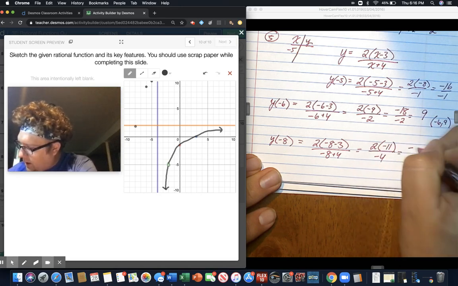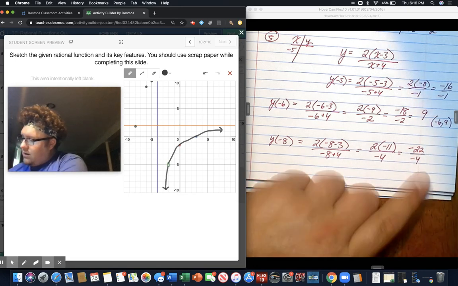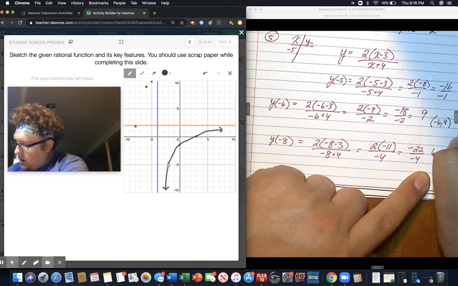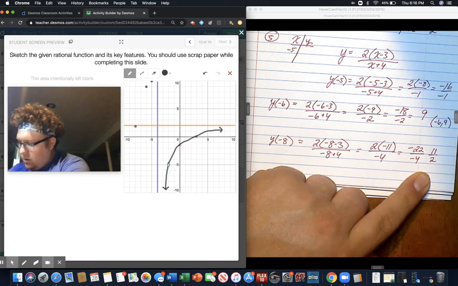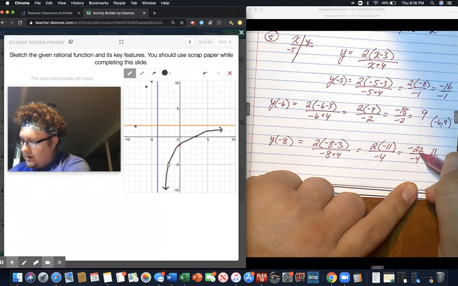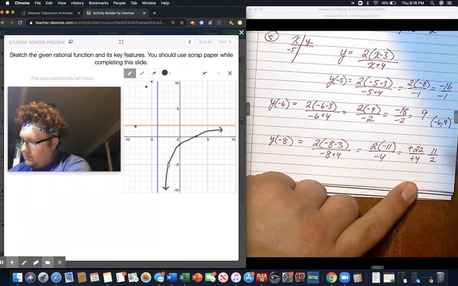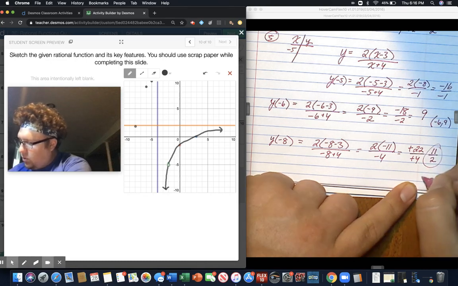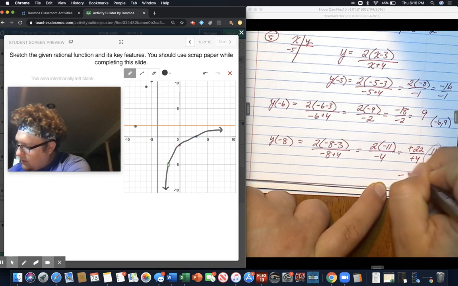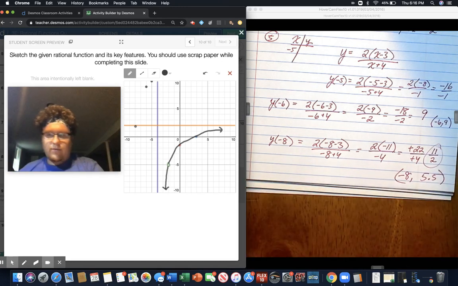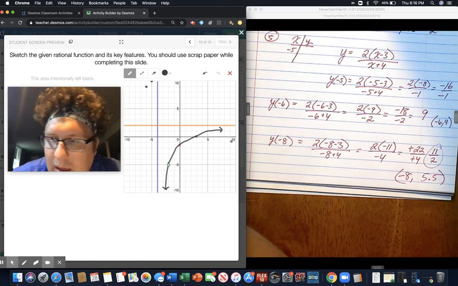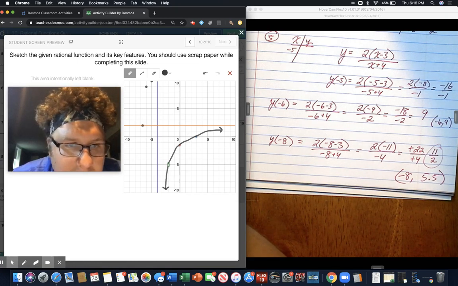And we're going to have to approximate, but -22 divided by -4, that's approximately 11 over 2, right? If we make those both positive, 22 over 4, divide each side by 2, 11 halves, or we know that as 5.5. So -8 comma 5.5 is that last point. And let's try that. -8, 5.5.